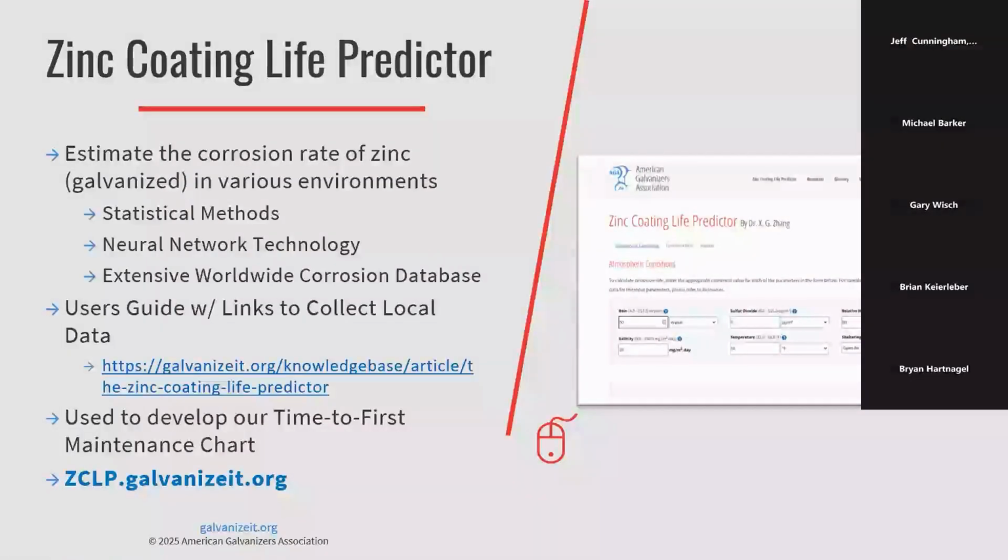All right, our zinc coating life predictor. This is probably one of our most sought after resources, just because everybody wants to know, how long does galvanized steel last in the environment I'm building in? What we've developed is a zinc coating life predictor, and this once again is off of almost 100 years of real world data.